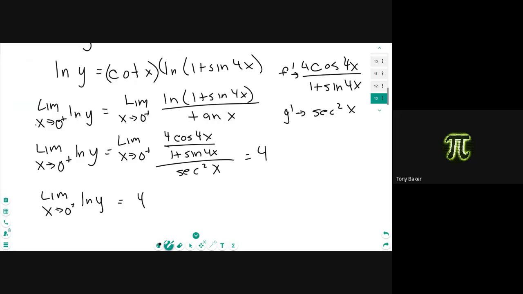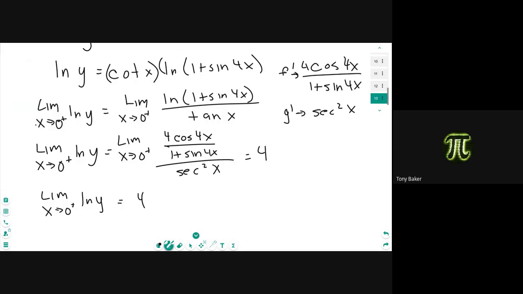So no, we're not done. What I found was the limit as x goes to 0 of ln of y. I have to undo what I did at the beginning. So how do I get rid of the ln? What do I have to raise both sides to get rid of the ln?